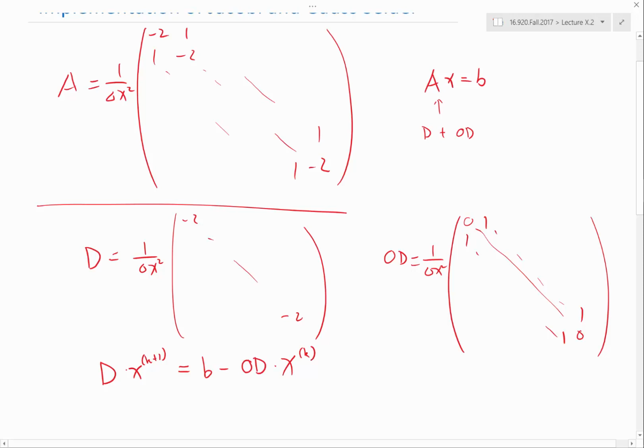D times x of k plus 1 would be equal to b minus my OD times x of k. So what I need to do is multiply my off-diagonal matrix with a vector. By this time, I hope you're already very familiar with what we are actually doing when we multiply a matrix with a vector. For example, look at the second row, 1, 0, 1.